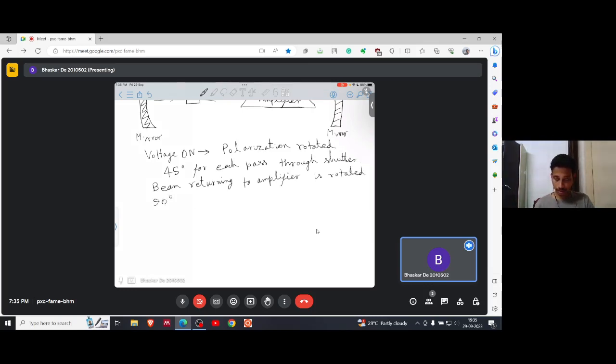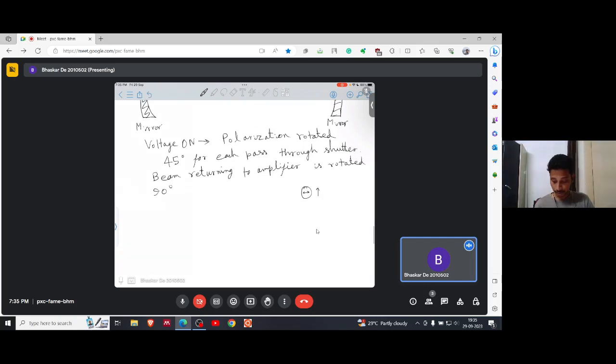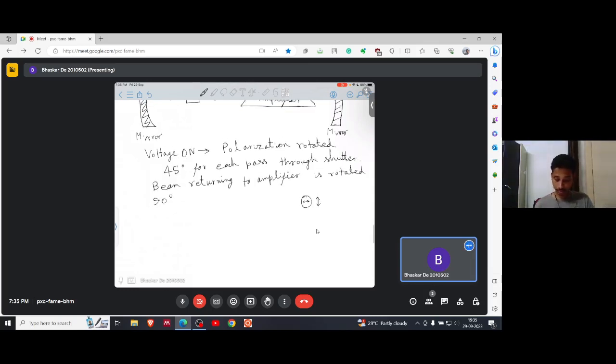So as we know, suppose this is a polarizer and it has a plane of polarization in this direction, then if the polarization axis is changed like this, so basically we have a 90-degree shift in the polarization axis, then this beam will not pass the polarizer.